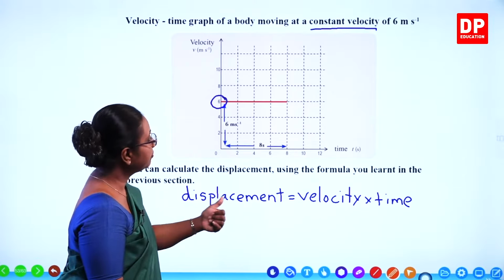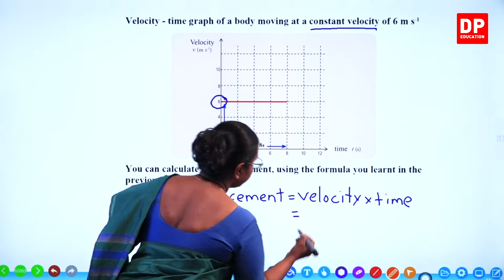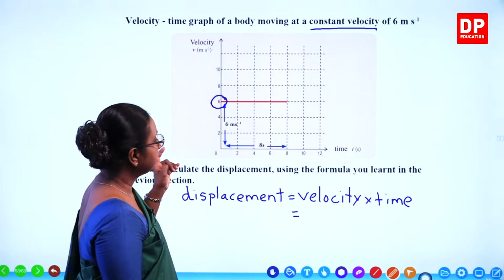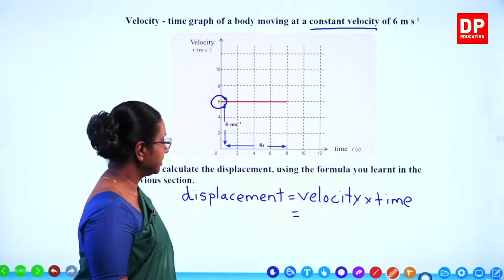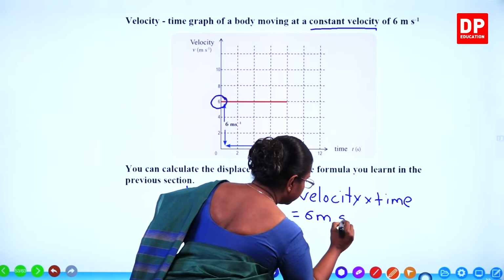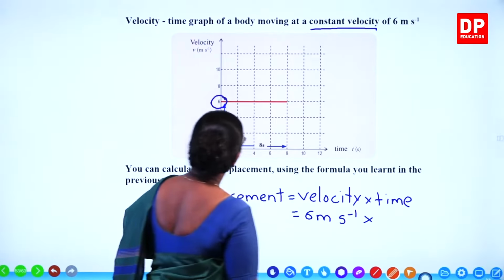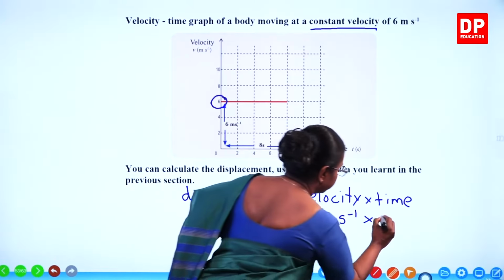So here if we substitute those values, you can see that the object has moved with constant velocity 6 meters per second and time is 8 seconds.